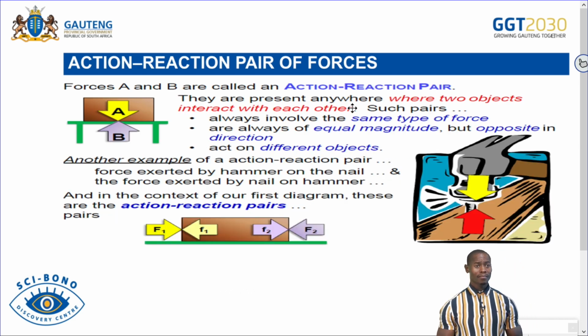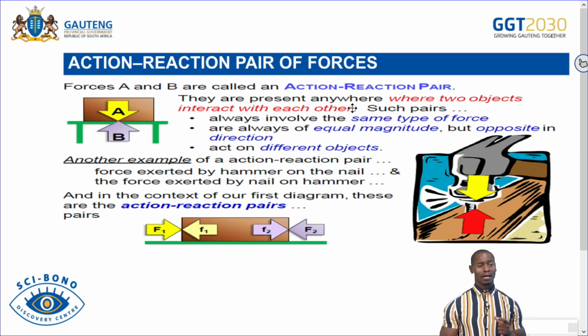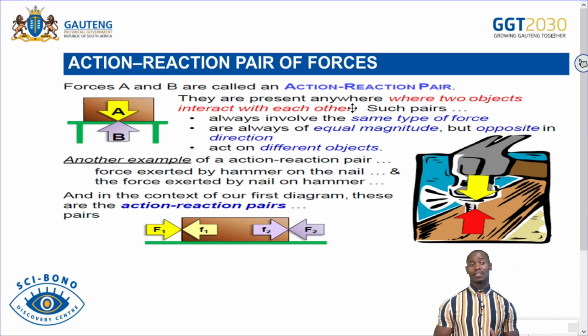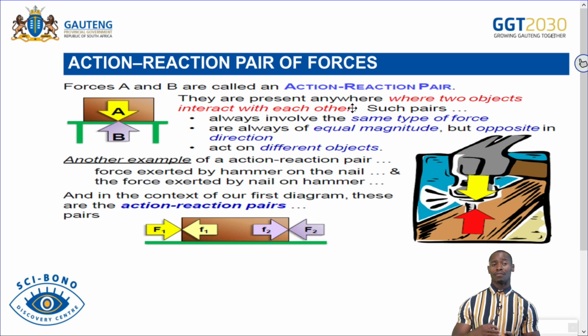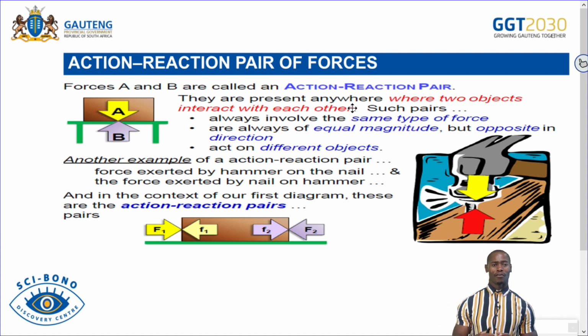So, for example, in this case, we want to talk about action-reaction pairs. You have a block on top of the table. The table is in contact with the block, or the block is in contact with the table. We want to identify the action-reaction pair of forces.